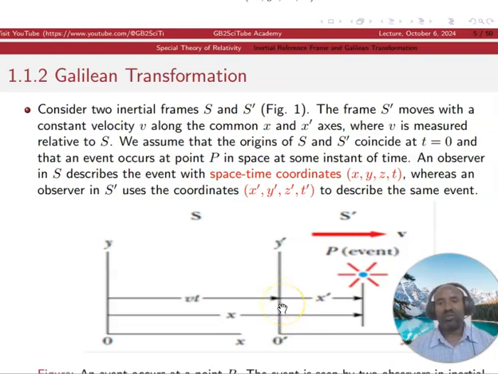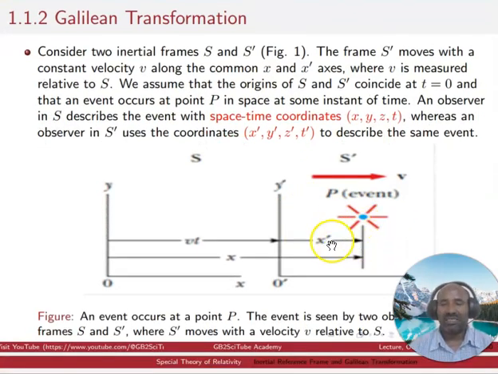And if you try to express the event P in terms of the S frame and the S prime frame, in the S prime frame it is at a position of x prime. But in the y direction and the z direction, the reference frame is not moving.